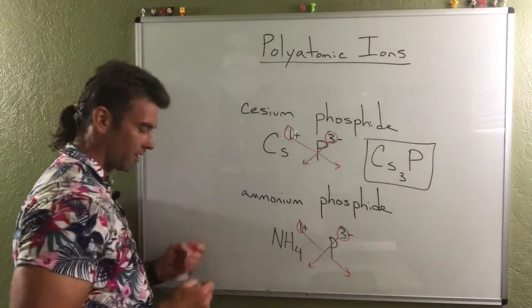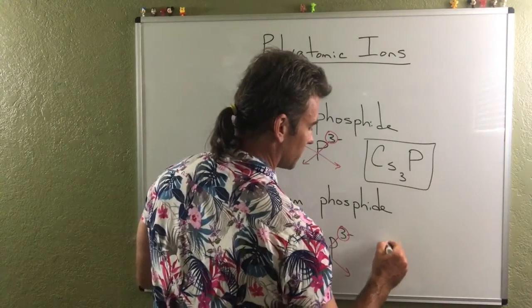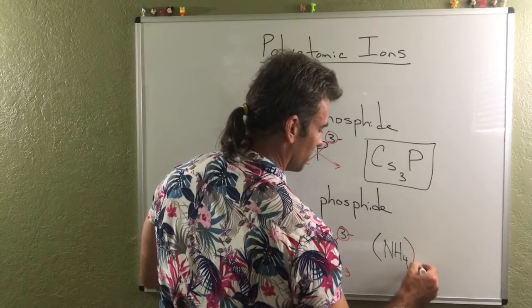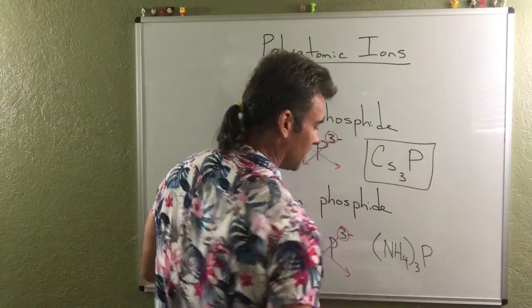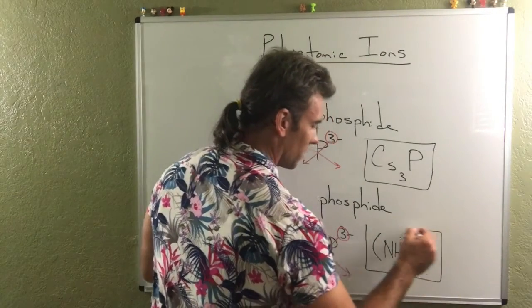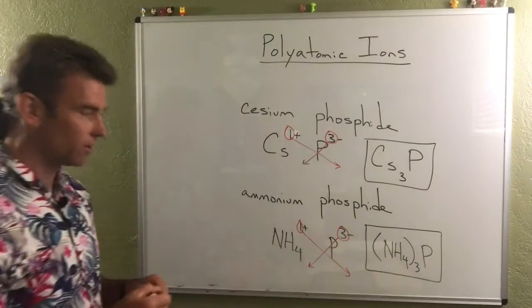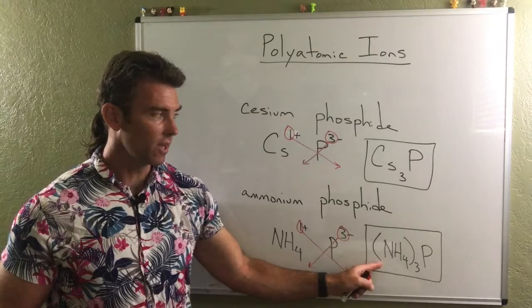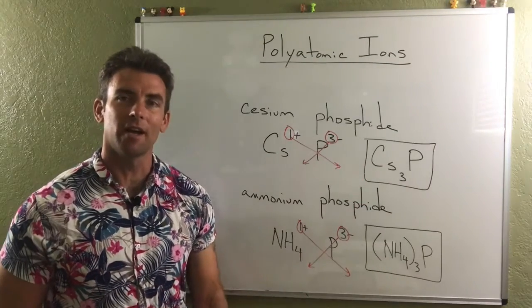What we end up with for a formula for ammonium phosphide is our ammonium taken 3 times and a phosphorus, right? We know that anytime we've got more than one polyatomic, we need to include parentheses. So you'll notice here the 2 appearances of this particular ionic compound.